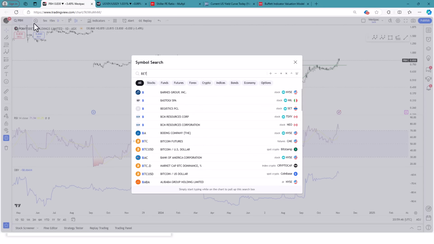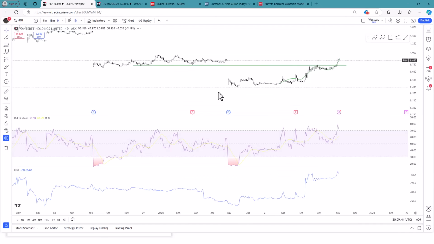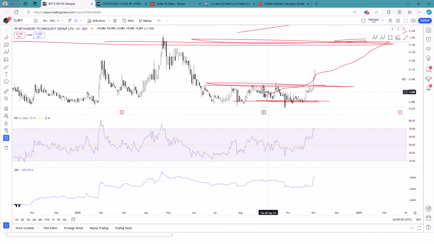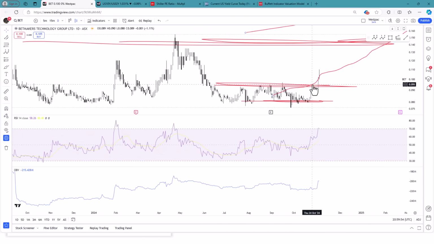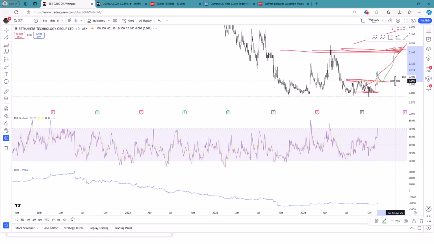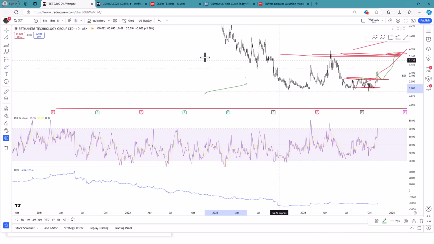Bet was another one that I posted about early on last week. It changed market structure up here. Ooh, not the best looking candle there, is it? So we really want to make sure that this resistance becomes support now. And if it does something like that, and if it gets through up here, that's where things get exciting.